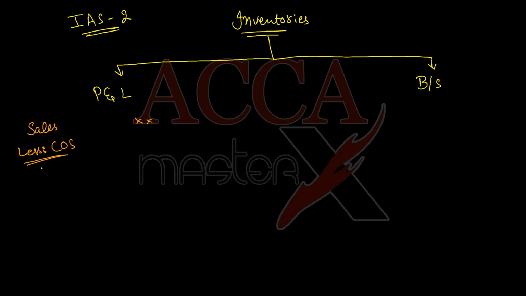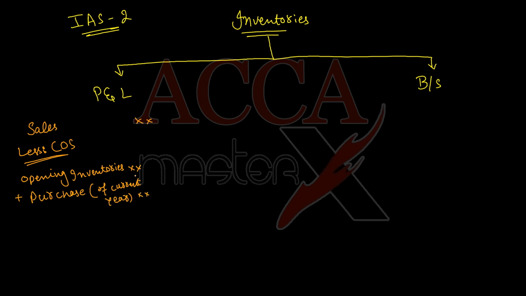The cost of sales is basically the direct cost of producing the goods which are sold by the company, in which first of all we have opening inventories, then we have purchases for the year, let's say the current year.